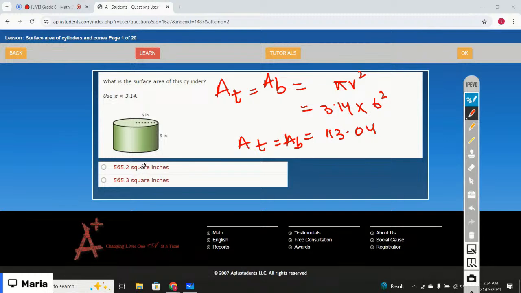Okay, now you have to calculate the circumference of the circle, that is C equals 2 pi r. So 2 times 3.14 times r, which is 6. So let me just do the calculations. They are 2 times 3.14 times 6. So the answer is 37.68.